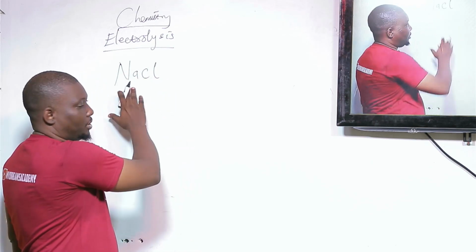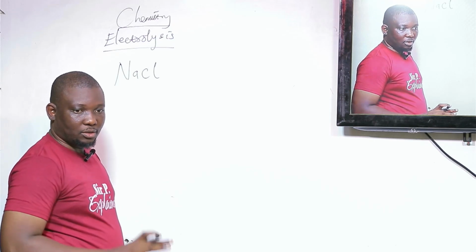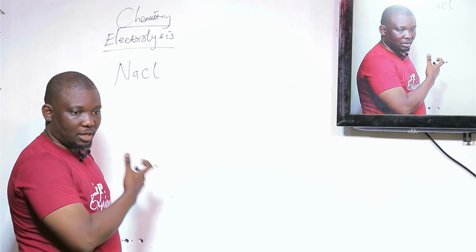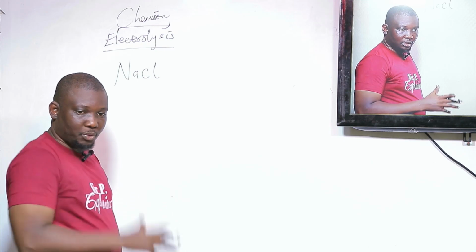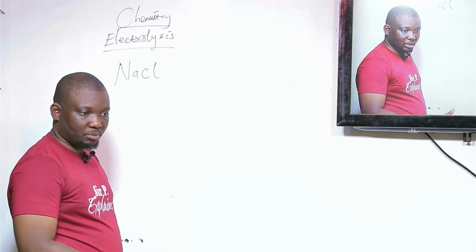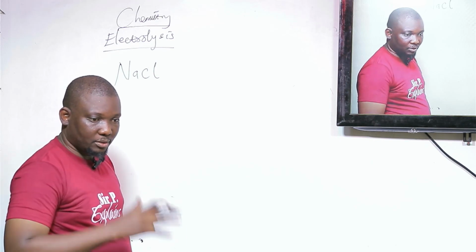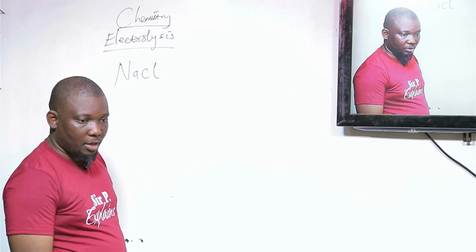So it's the only kind of compound that can behave as an electrolyte or can undergo the process of electrolysis. An ionic compound is a compound that has a positive and negative ion. Some say that it is a compound containing a metal and a non-metal. These are ionic compounds.